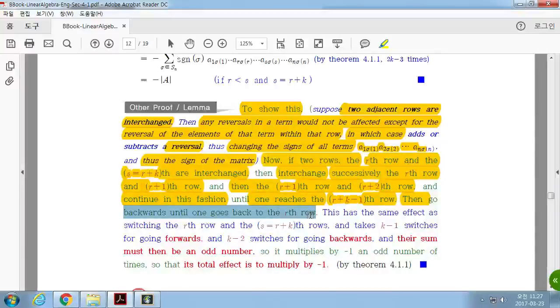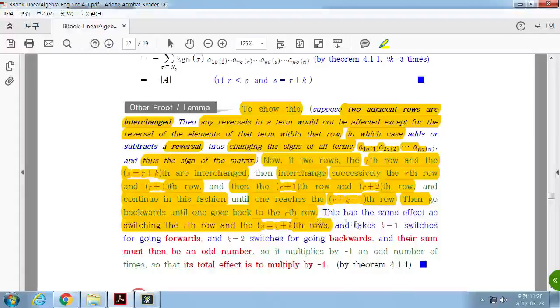Then just count how many times you switched rows when you moved the R-th row to the S-th row and the S-th row to the R-th row. This has the same effect as switching the R-th row and the S-th row. The other rows stay in the same place because you went forward and backward.